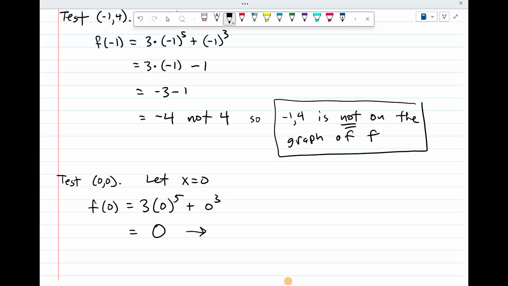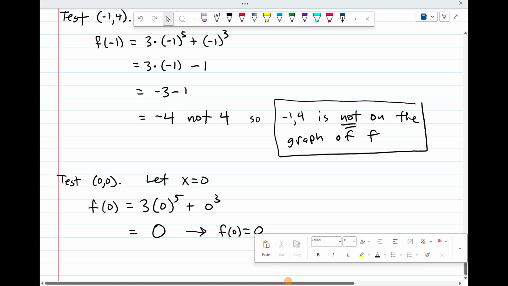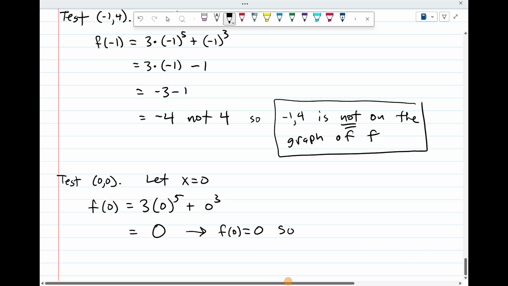And that implies that f of 0 equals 0. So 0, 0 is on the graph of f.